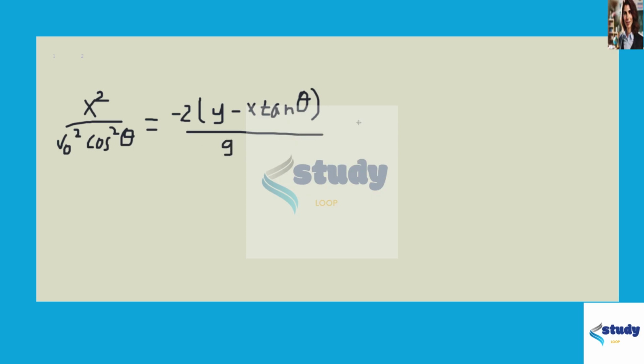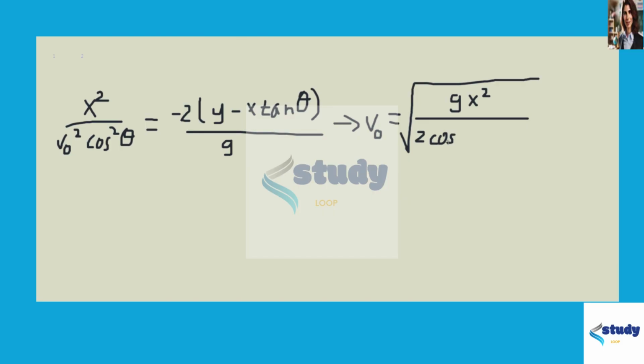So now we're going to isolate V naught, keep solving this out, find V naught. The equations are going to get inverted to get V naught in the numerator instead of the denominator. We're going to have a square root since V naught is squared. This is going to be equal to the square root of g times x squared divided by 2 times cosine squared theta times -y plus x tangent theta.